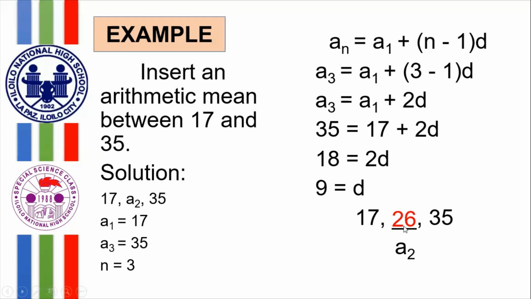And supposing you continue the pattern, 26 plus 9 gives us 35. So you could see here that indeed 26 makes this sequence an arithmetic sequence with a common difference of 9. And this is also telling us that indeed 26 is an arithmetic mean between 17 and 35.